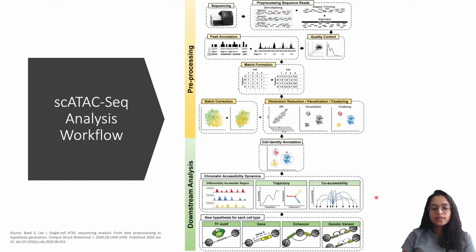In the downstream analysis section, in addition to the cell identity annotation, we can also perform differential accessibility analysis, where we can investigate the differentially accessible regions in certain cell types across conditions. We can perform trajectory analysis. We can also perform co-accessibility analysis. In addition to that, we can also integrate different types of omics data and generate further insights.